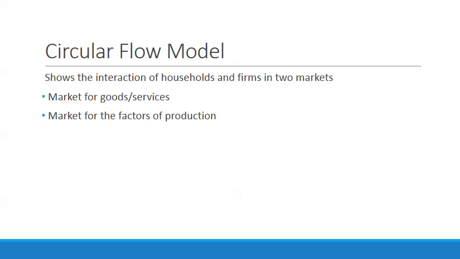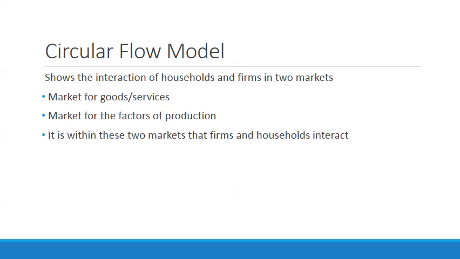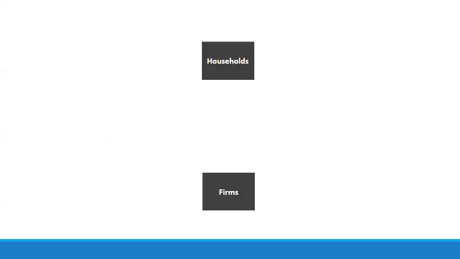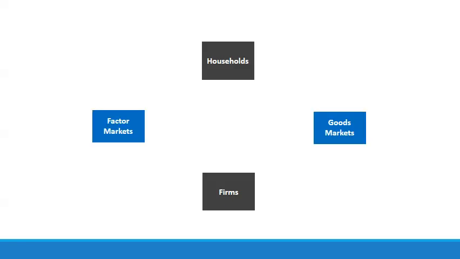That's where the transition of factors of production, goods and services, and money takes place. So we have our households, we have our firms, we have our goods market, we have our factors market. These two will interact within those two markets.